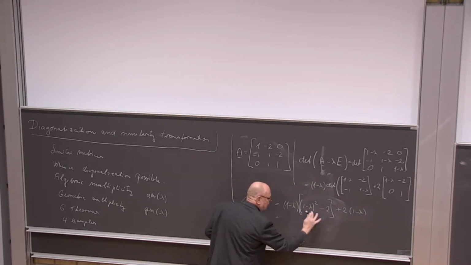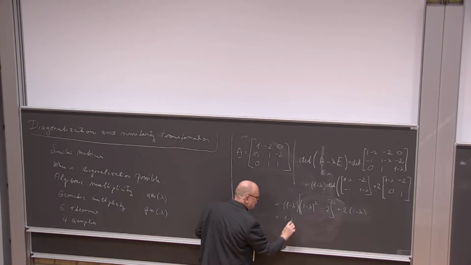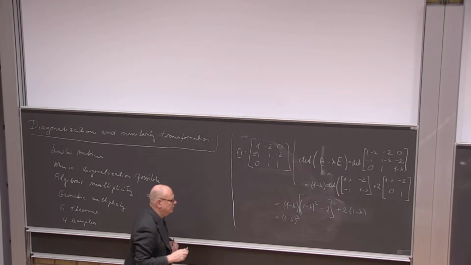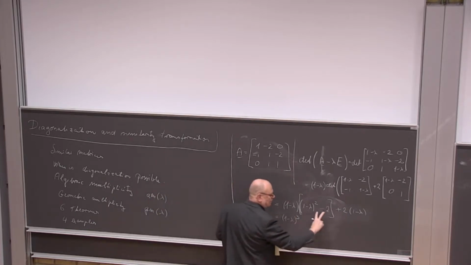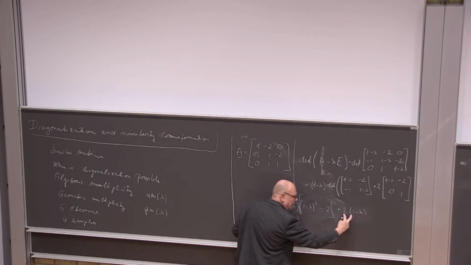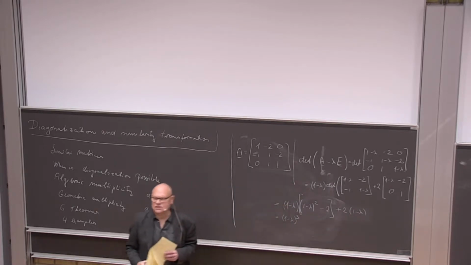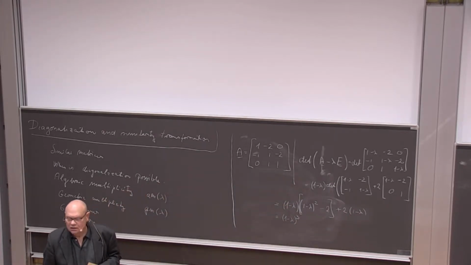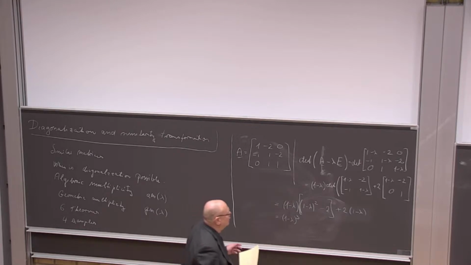Now I multiply this in, I get 1 minus lambda cubed. And here I get minus 2 times 1 minus lambda, and here I have plus 2 times 1 minus lambda.